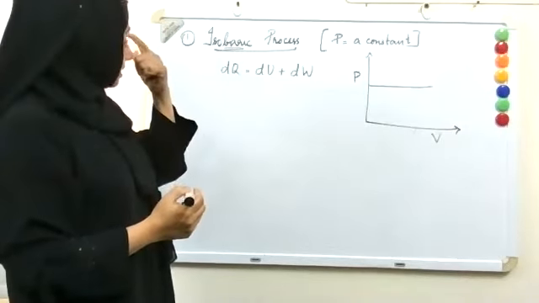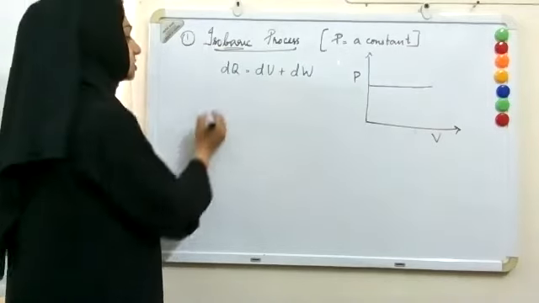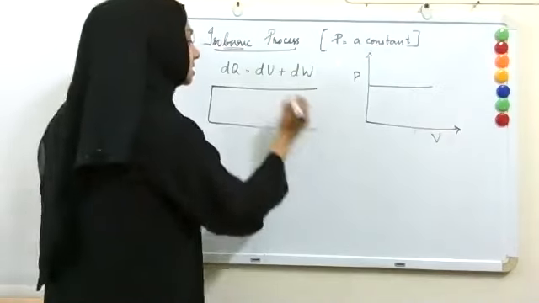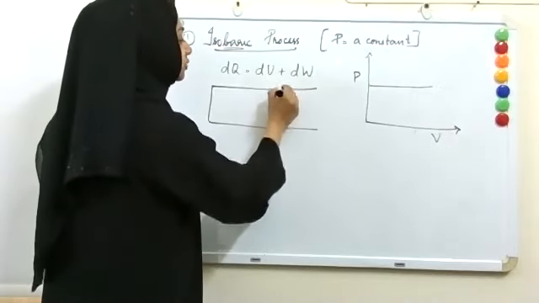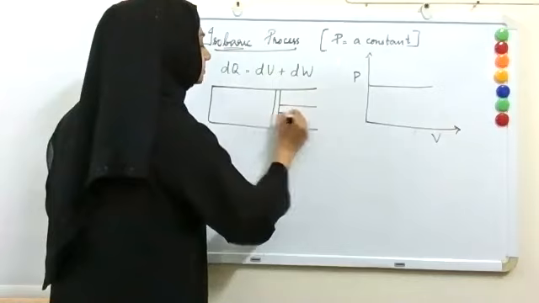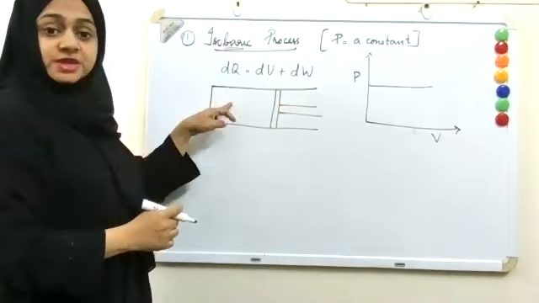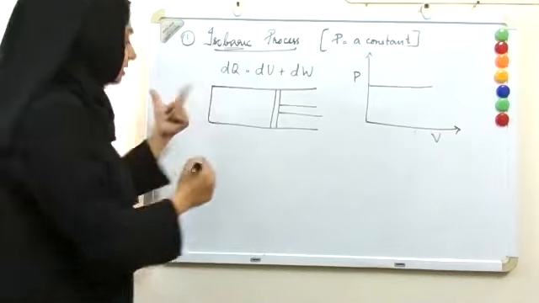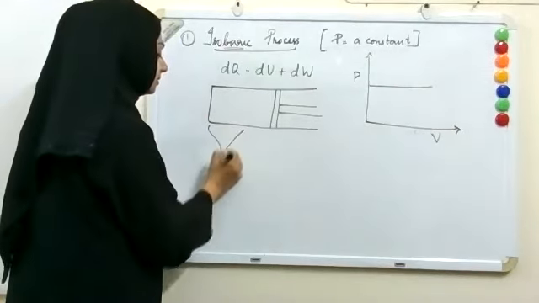Now, one example for an isobaric process is if you have some gas taken in a cylinder fitted with a piston. Okay, you have some gas here. Now, if you heat this, what will happen?